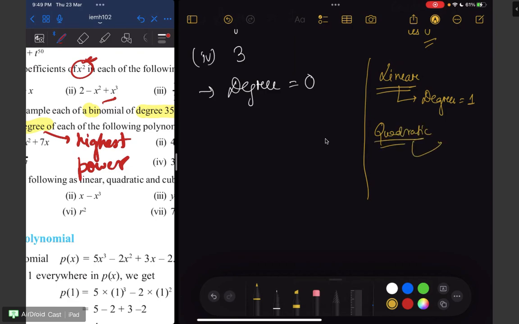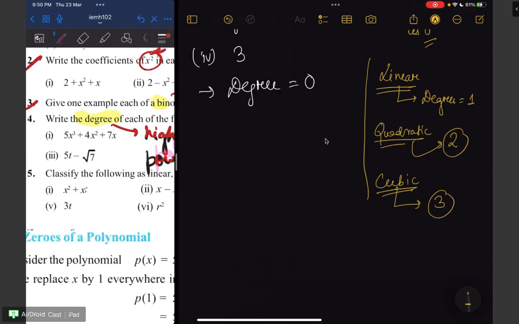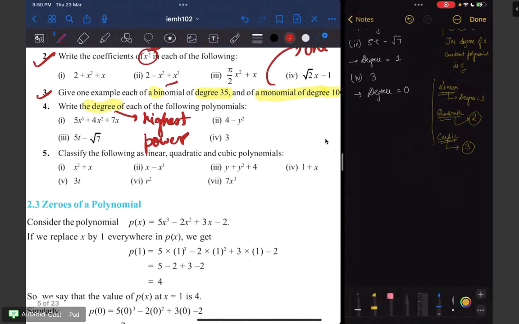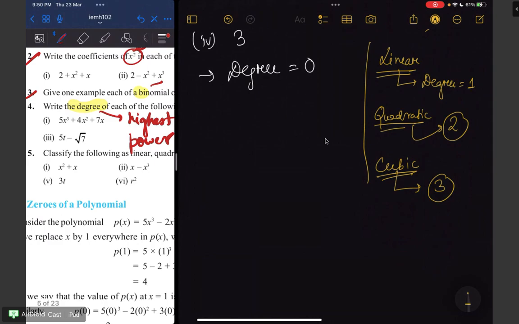If the degree of a polynomial is 2, then the polynomial is quadratic. How can we say that a polynomial is cubic? If the degree of the polynomial is 3, then the polynomial is known as a cubic polynomial.